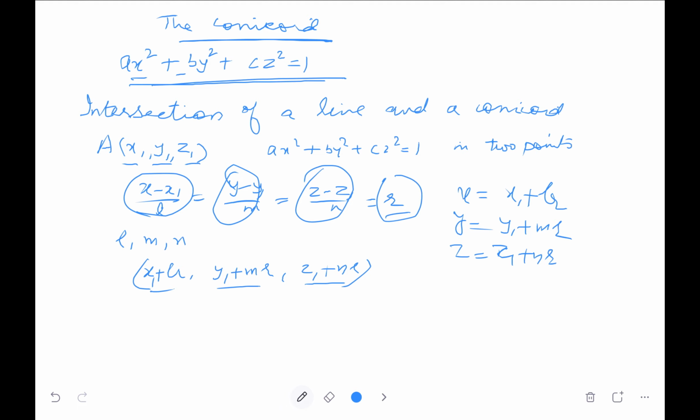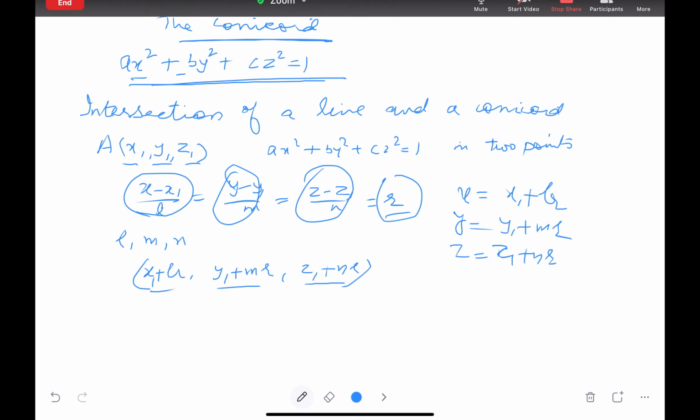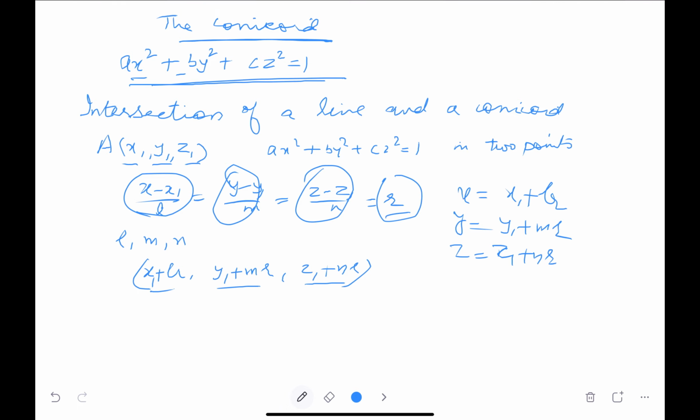For different values of r, we will have different points of the line. Now we want this point to lie on the conicoid also, so it must satisfy the equation. To find the points of intersection, we suppose that this point also lies on the conicoid.